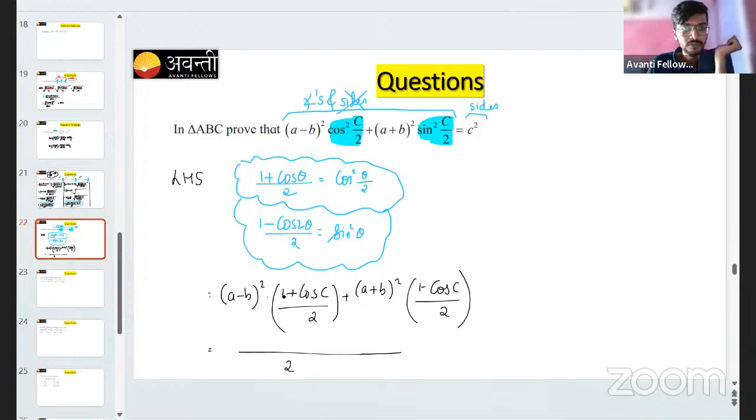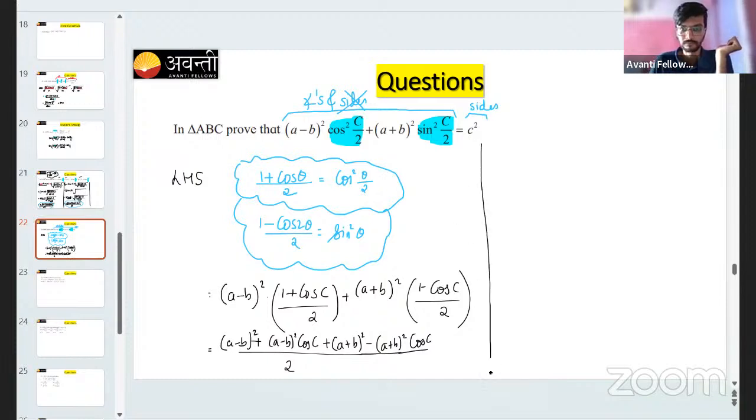A minus b the whole square into 1, a minus b the whole square plus a minus b the whole square into cos c, plus same here I'll get a plus b the whole square minus a plus b the whole square into cos c, right?